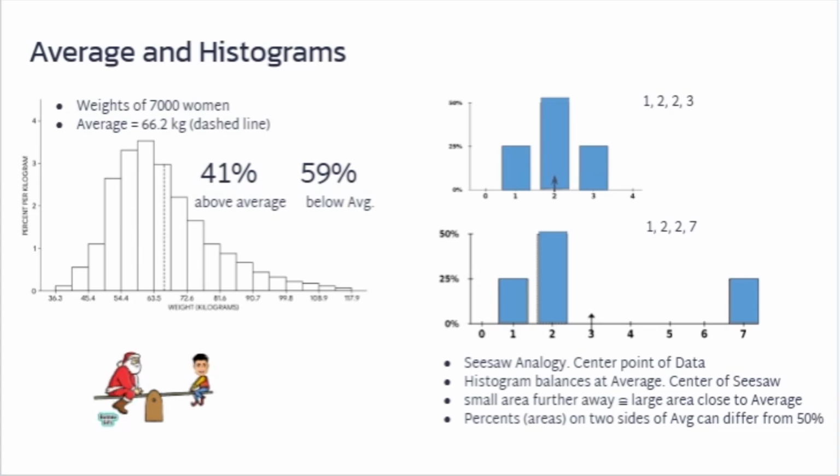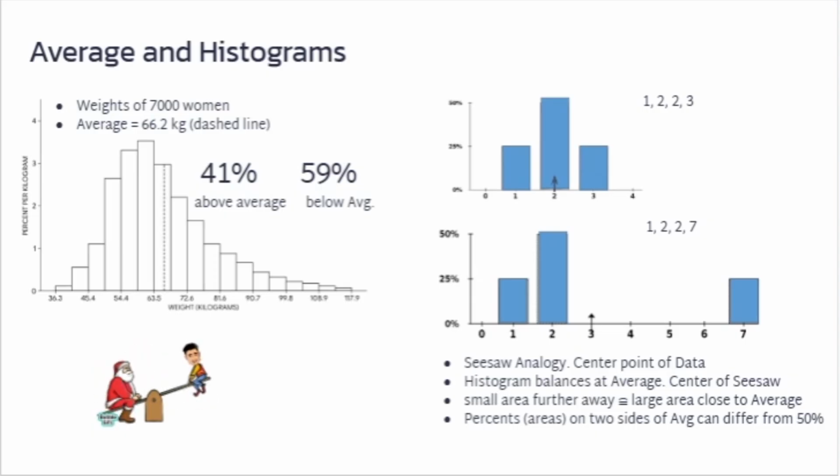Okay, number 2, if you split your histogram at number 2, you will have 50% of area on the left and 50% on the right. But that's not the point that balances like a seesaw.